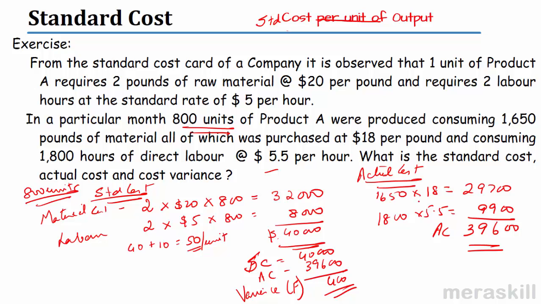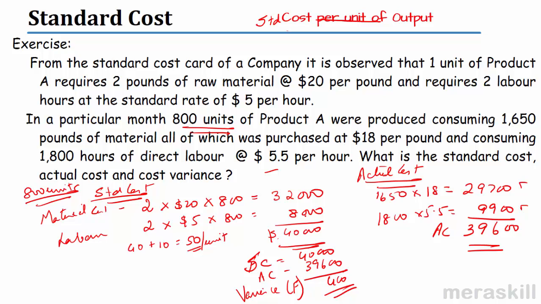Here if you notice, for labor there is an adverse variance, but for material there is a favorable variance. The actual material cost is lower than the standard cost. It's very favorable, but the actual labor cost is much higher than the standard cost.